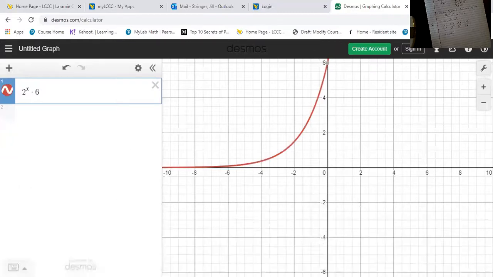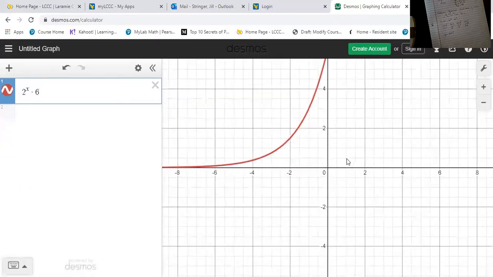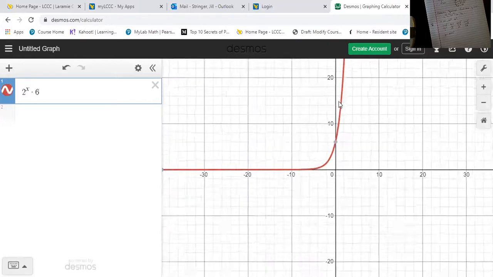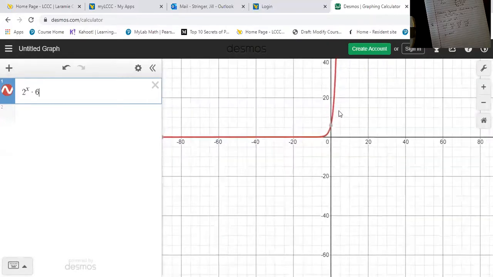Take a look at this exponential. Do you see how fast it grows? Here is where we begin at 0, 6, and then it just continues to grow really, really exponentially. You can see how fast that grows. There's a lot of exponential growth in populations in some countries.